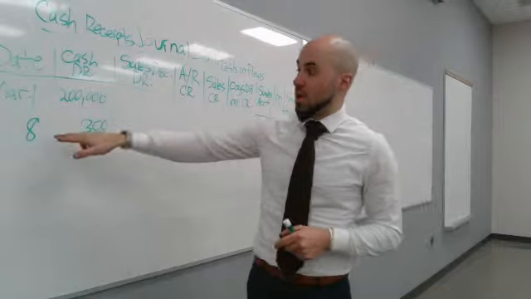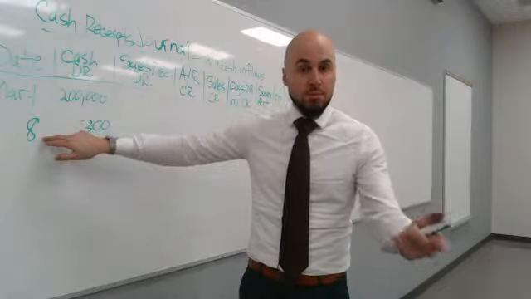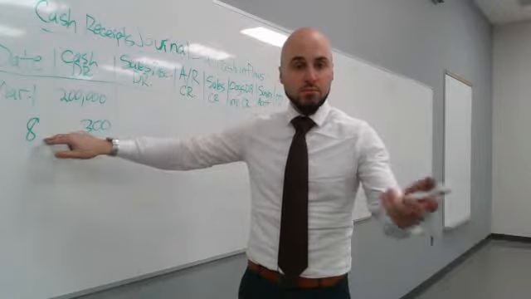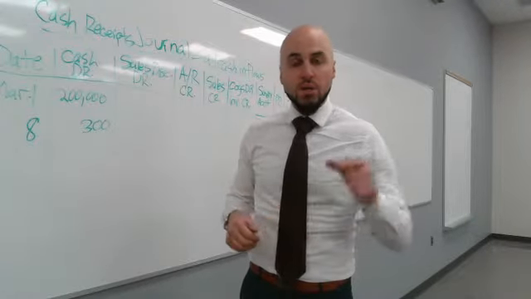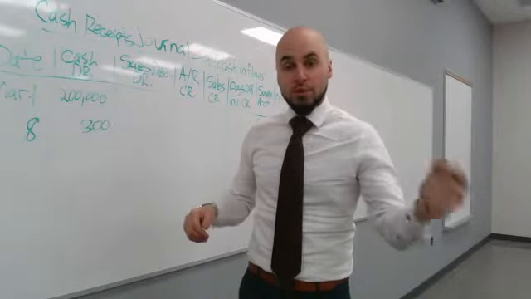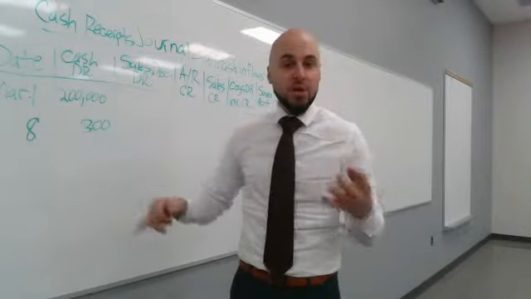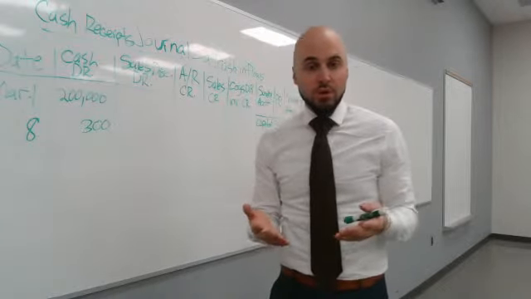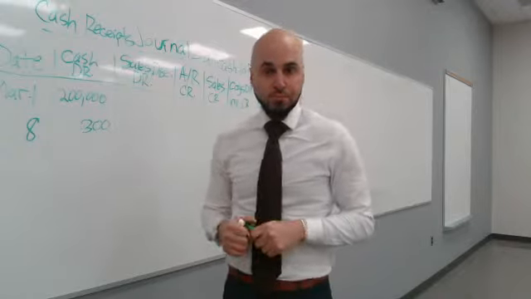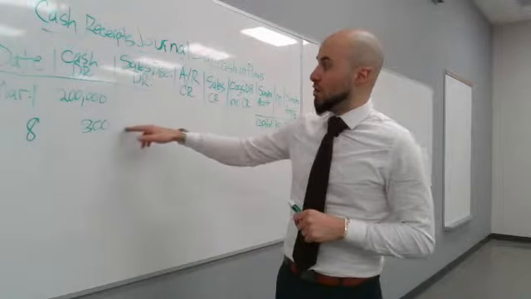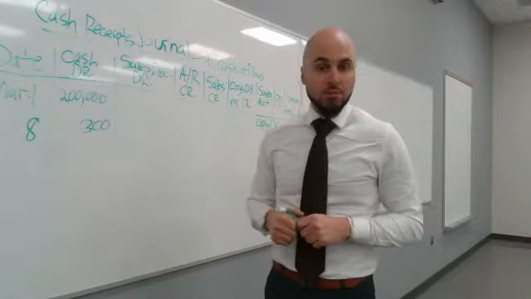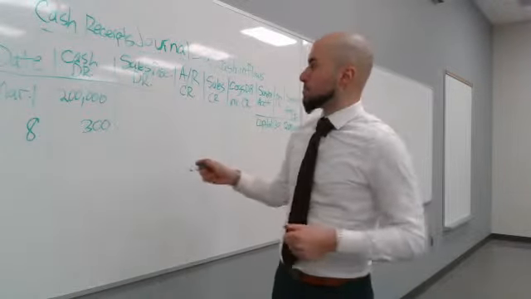In this case, she purchased from us on March 5th, and now on March 8th she's paying us off. So that's within the discount period, and let's give her 2% off of that 300. 2% off of the 300 is what? $6, right?